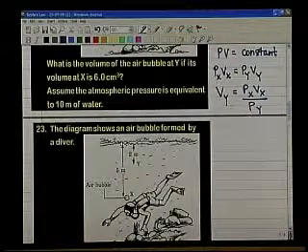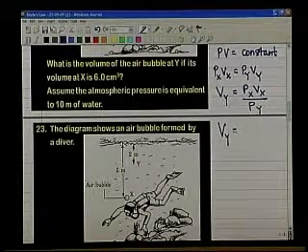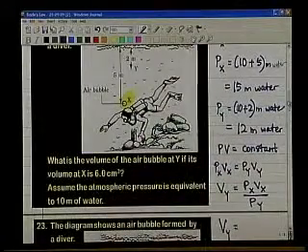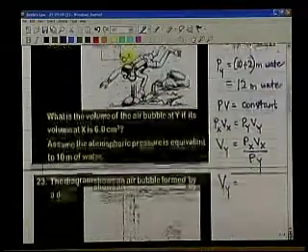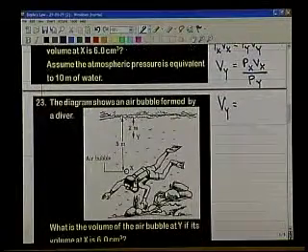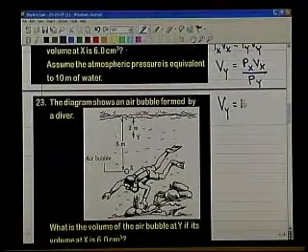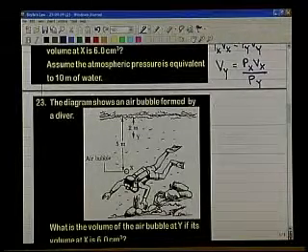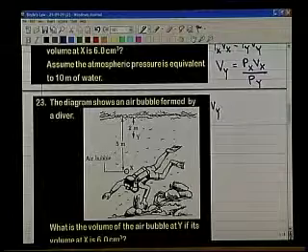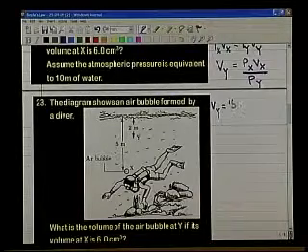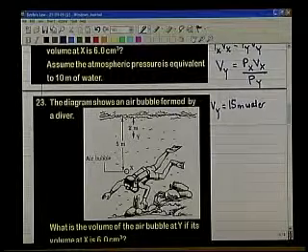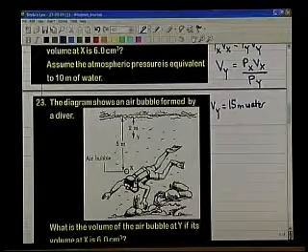So what is Vy? Now Px is, let's take a look at the value here. Px is 15 meters of water. Let me write it again. Px is 15 meters of water. I write the units. Multiplied by Vx.